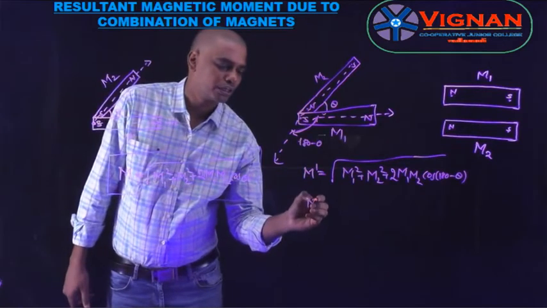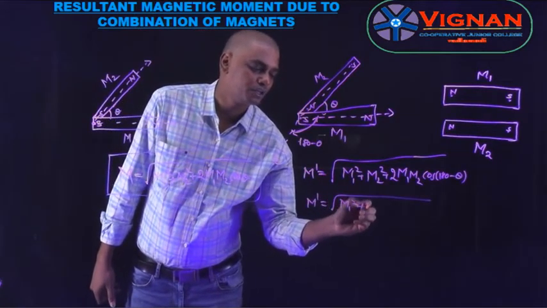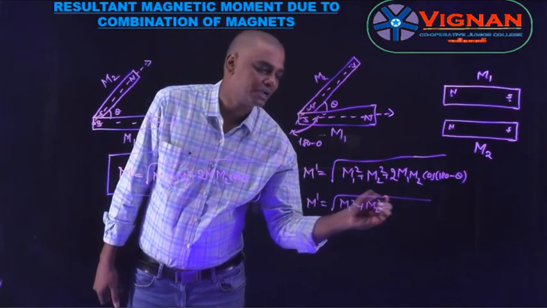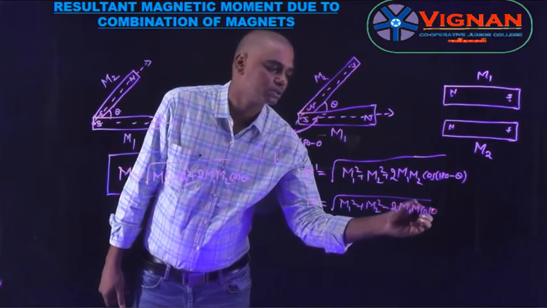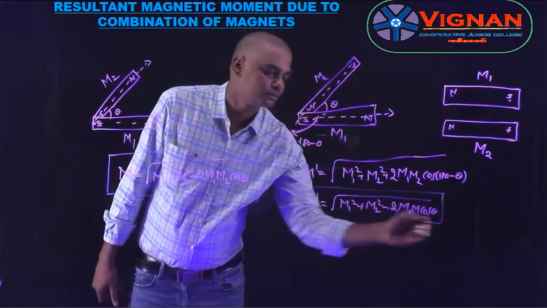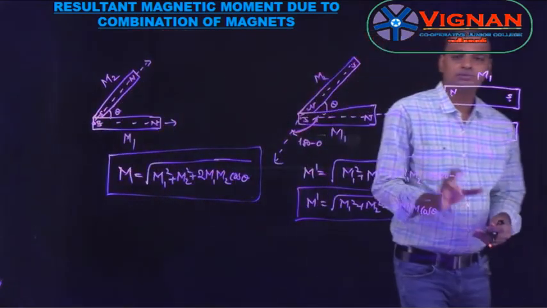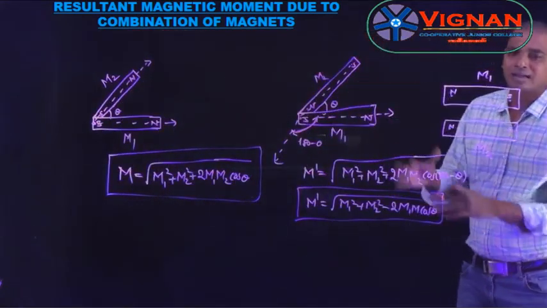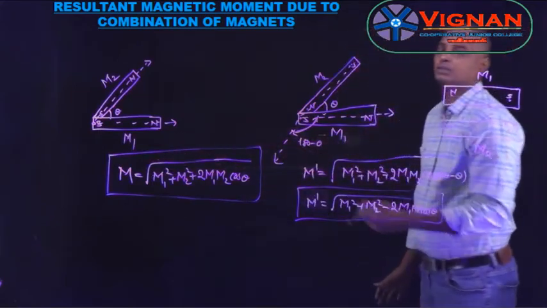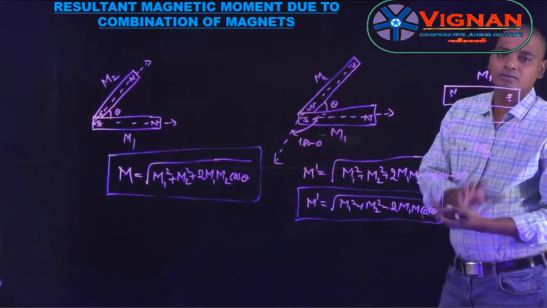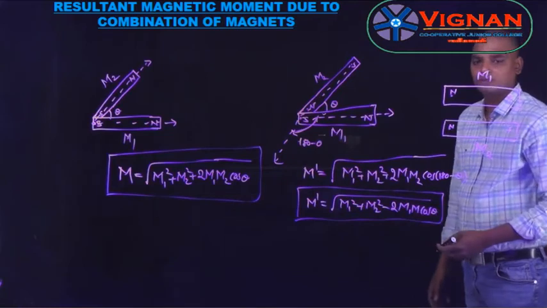So M dash is equal to root over M1 square plus M2 square minus 2 M1 M2 cos theta. Clear? So from these two cases we can solve problems on combining magnets at any given angle, whether like poles or unlike poles are touching each other, by using these formulas with the values given in the problem.